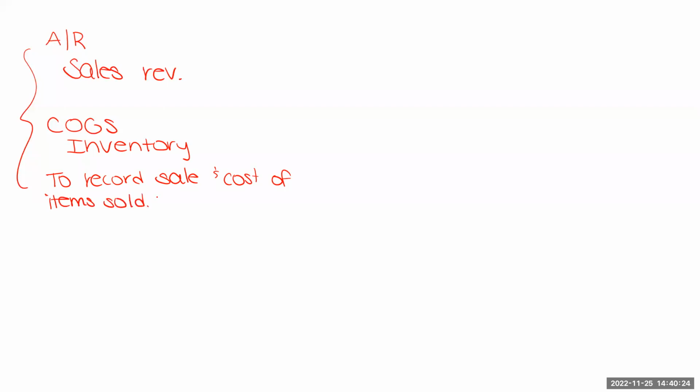So if you think about whenever you go to a bookstore, Barnes and Noble, or an electronics store, whenever you buy something, there's the sales price, right? The sticker price. And so maybe the sticker price says $30, right? But that's not the same amount that you end up spending in cash, right?